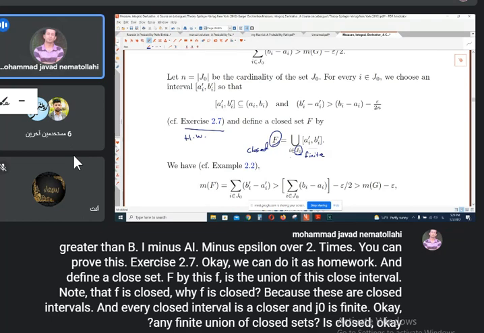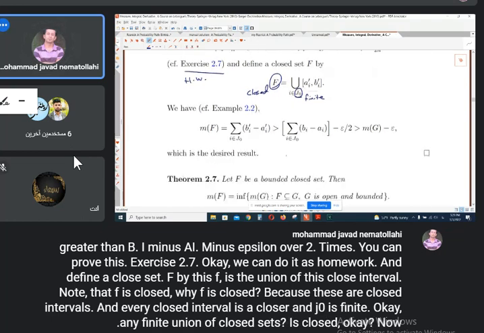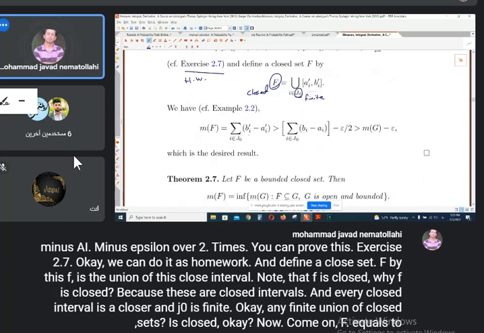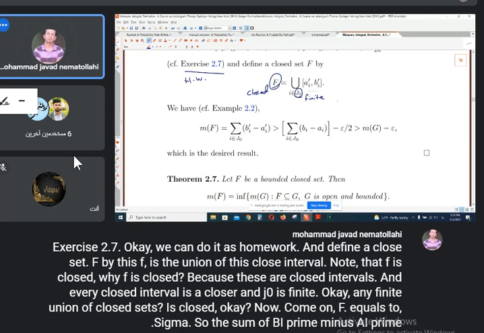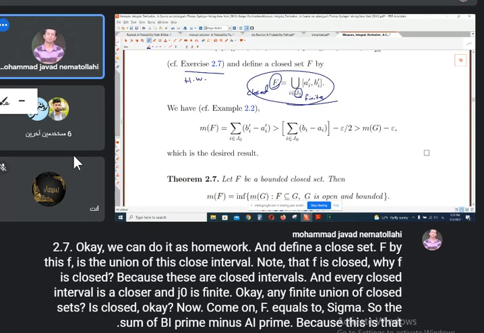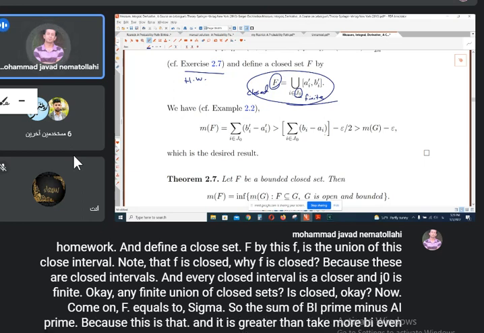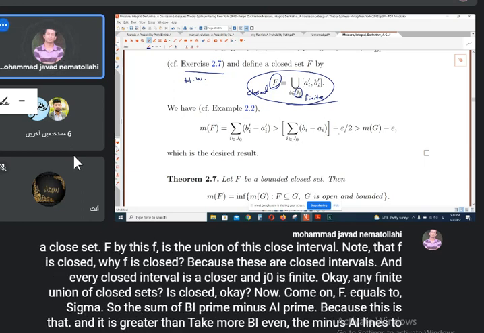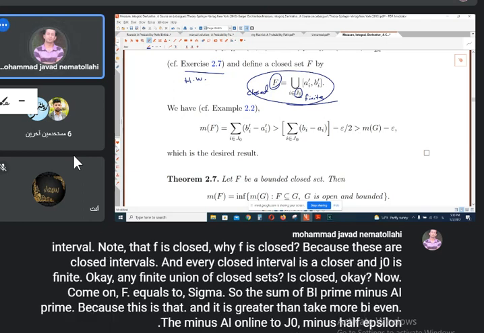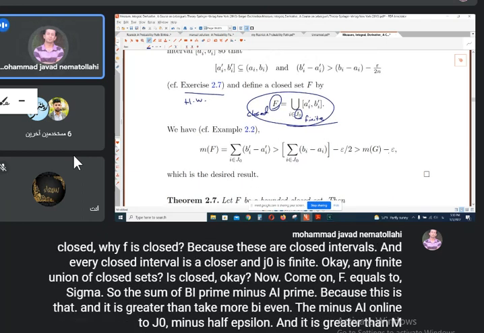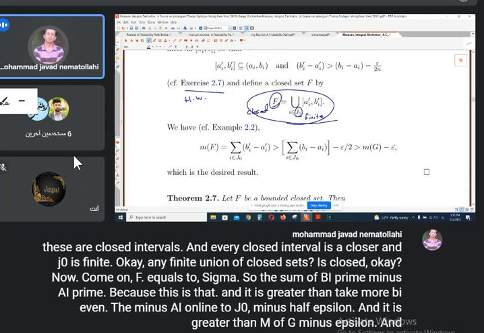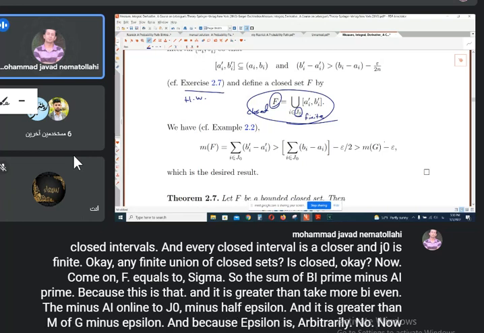Now, M of F equals the sum of bi prime minus ai prime, which is greater than the sum of bi minus ai over i in J0 minus half epsilon, and that is greater than M of G minus epsilon. Because epsilon is arbitrary, this is the desired result.